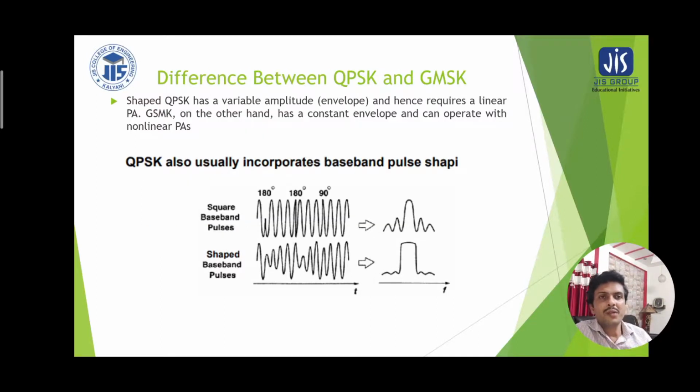Now here the difference between the QPSK and GMSK, that is Gaussian minimum shift keying, has been explored, because we already have seen that quadrature phase shift keying is a robust technique, but though quadrature phase shift keying has amplitude fluctuations, that means there is an abrupt phase variation from 90 degree to 180 degree, that is from offset QPSK to non-offset QPSK.